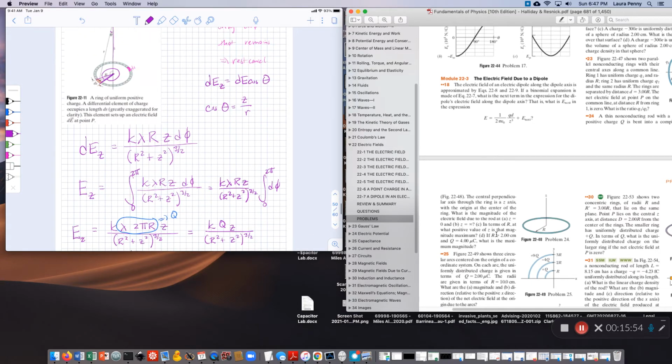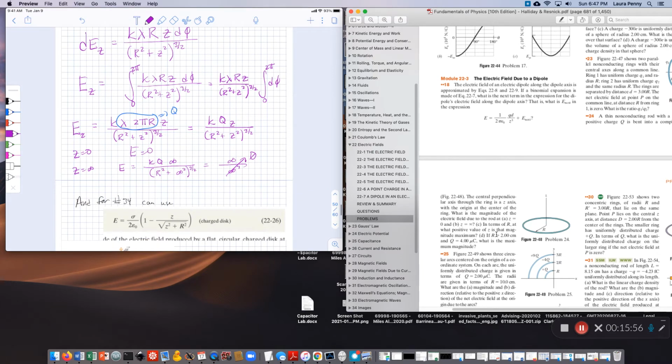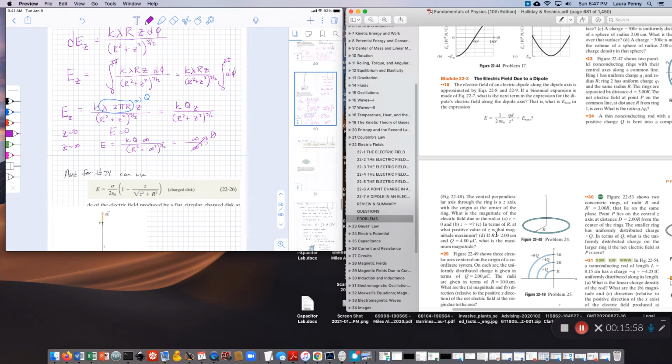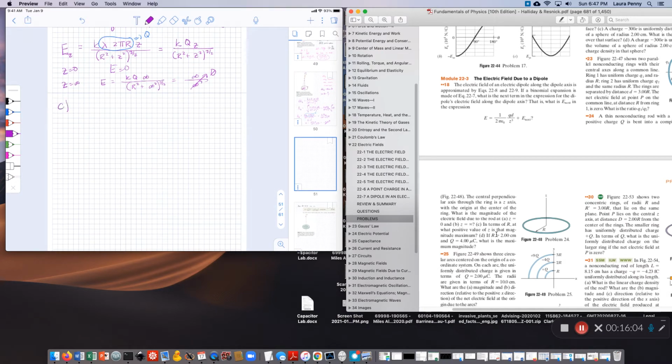Let's make one more page here. So add a page. For part C, you're going to need to take the derivative of the electric field with respect to Z and set that equal to 0 to get your max, right?